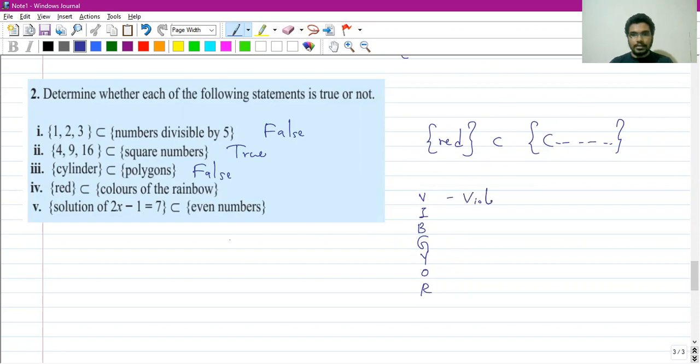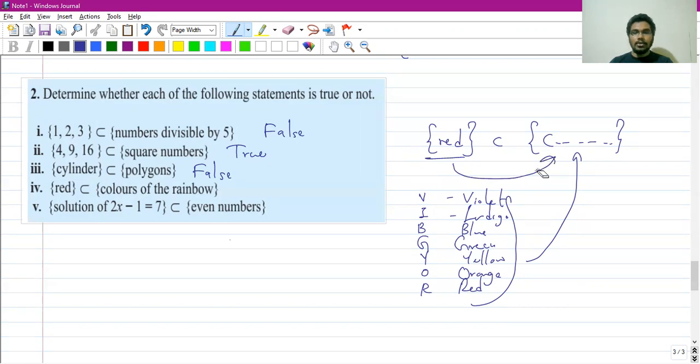V means violet, I means indigo, B means blue, G means green, Y means yellow, O means orange, and R means red. So all these colors are indicated in the second set. You can see all the elements of the first set are included in the second set. So yes, we can say the first set is a subset of the second set. So this is true.